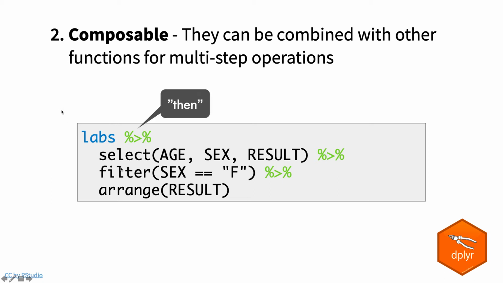So you can read the pipe operator as "then", and so this code would be read: take the labs table, then select the age, sex, and result columns, then filter for rows where sex is equal to F, then arrange the table by the value in the result column. So dplyr allows you to reproducibly define arbitrarily complex combinations of data transformations in code that sounds almost, if not quite, but almost like English.